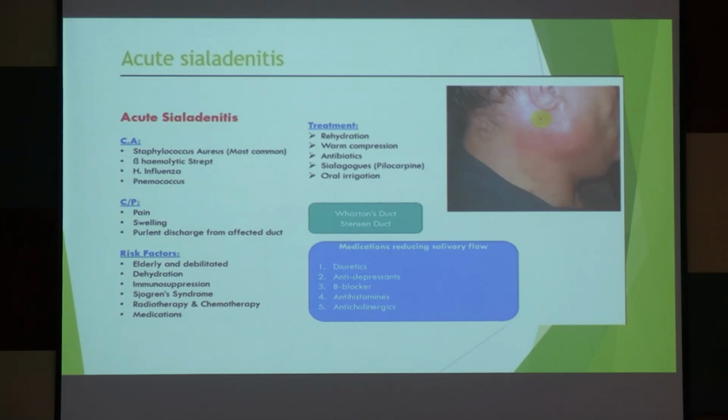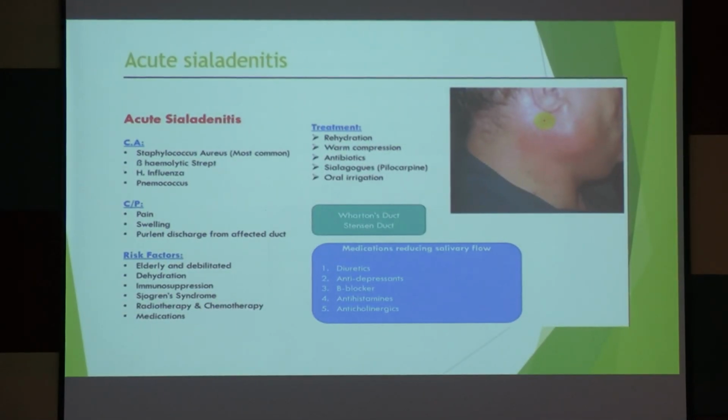Sometimes the patient develops an abscess as well. It's common when there is a predisposing factor, like patients who are old, have medical issues, are immunosuppressed, diabetic, and have poor oral hygiene.